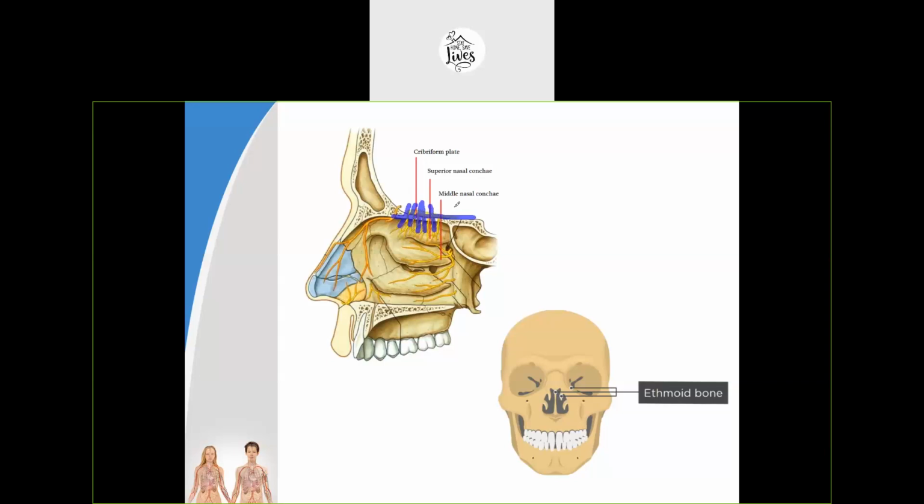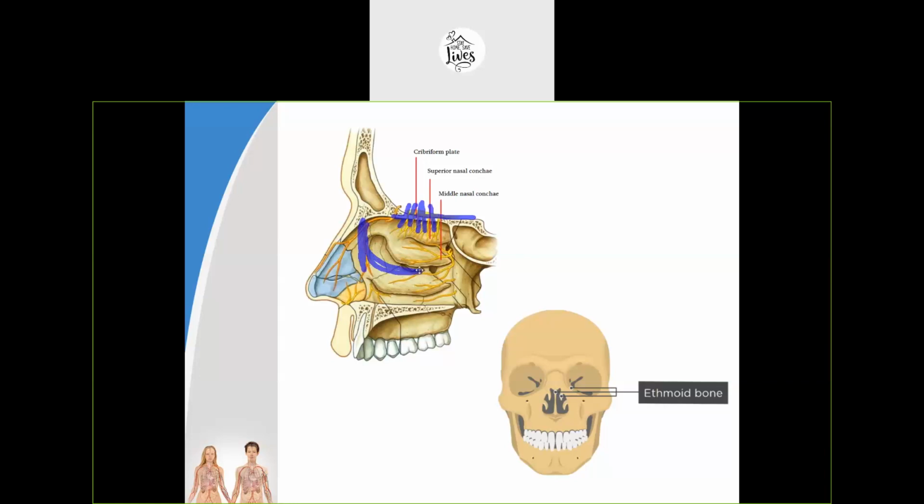And as I said, the perpendicular plate makes up the superior part of the nasal septum. So this is the nasal cavity, and this is the superior part of the nasal septum, made up of the perpendicular plate of the ethmoid bone.